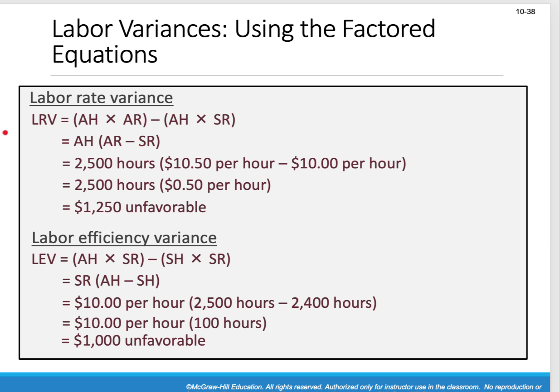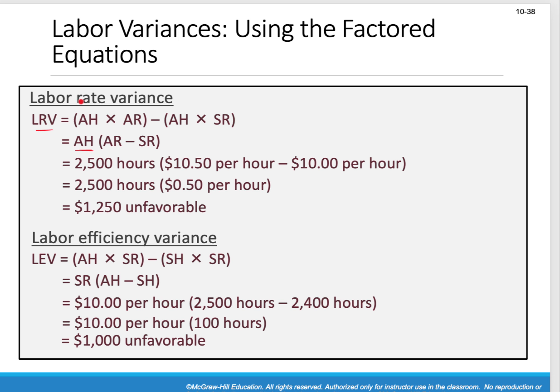We're just using different abbreviations, right? So the labor rate variance, again, is the difference between the actual hours at the actual rate and the actual hours at the standard rate. Again, we can factor here. What are we holding constant? The actual hours.